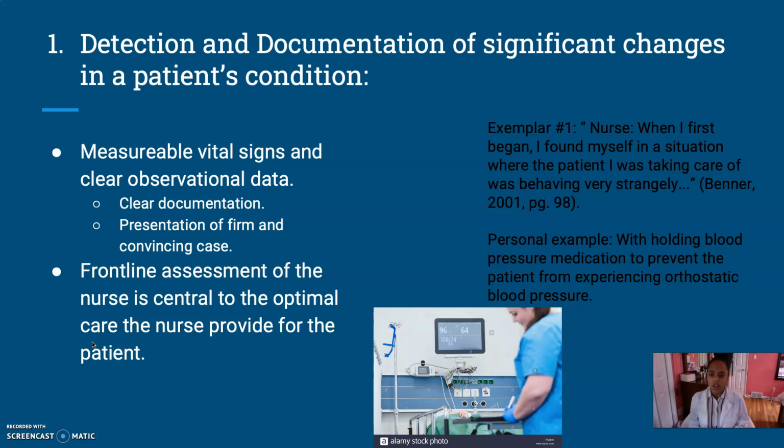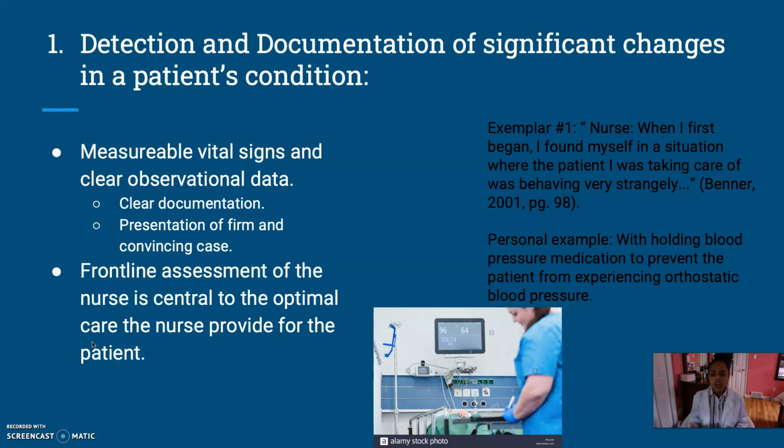So an exemplar in Benner's book on page 98 explains about a nurse who was having a strange feeling about a patient, and she didn't take any vital signs, she didn't do any focused assessments, she didn't do any documentation about the patient, and she was asking the doctor and other nurses for help to take care of the patient, and they didn't really understand how they could help her if she never took any recent vital signs, if she never had any recent documentation of the patient.